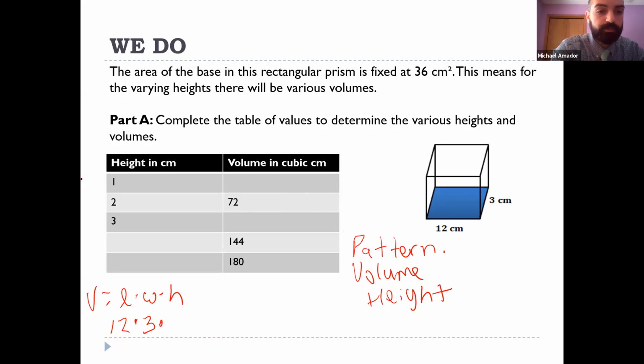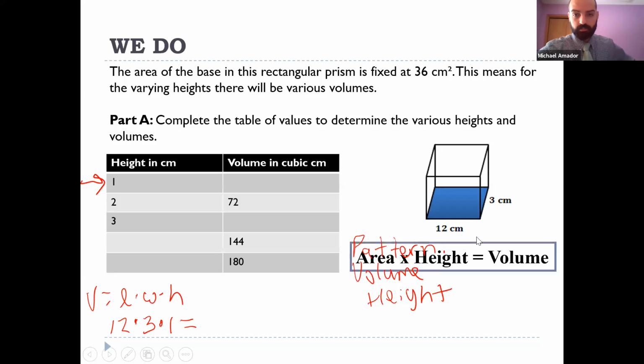And for the first row here, our height is 1. So we're just going to multiply that by 1. I think everyone should be able to do 12 times 3 pretty quickly. Put it in your row. Twelve times 3 is 36.